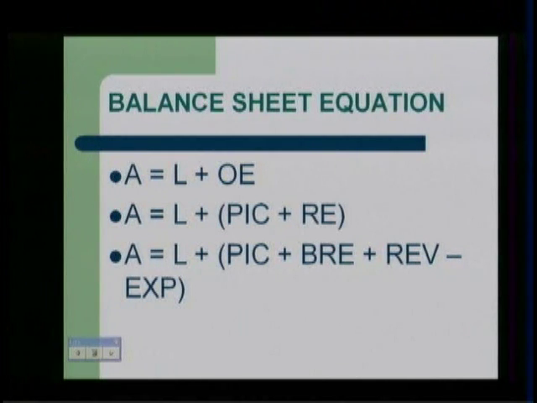Paid in capital, which we've abbreviated PIC, and retained earnings. We can further break down retained earnings at the end of the period into the beginning retained earnings, BRE, plus our revenues minus our expenses. Realizing that last equation is the key to taking our economic events and translating them into transactions.